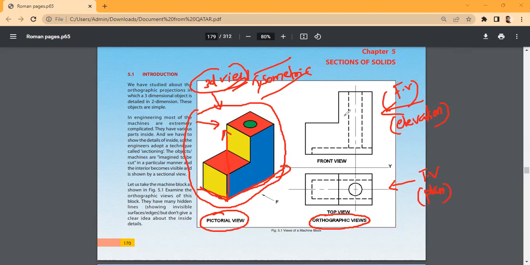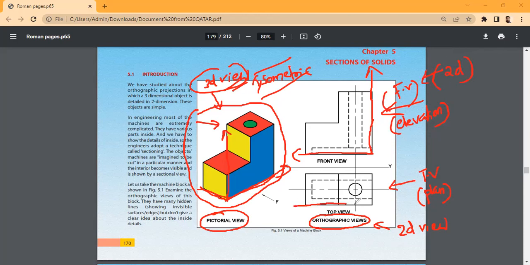Okay, so these views are also known as orthographic views. Orthographic view means 2D view. Because for the front view, how many dimensions are there? Only two dimensions, right? Yes, sir. So it is a 2D view, two-dimensional view.